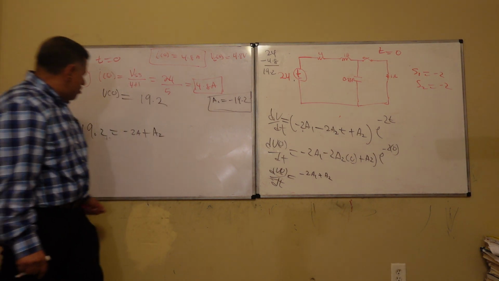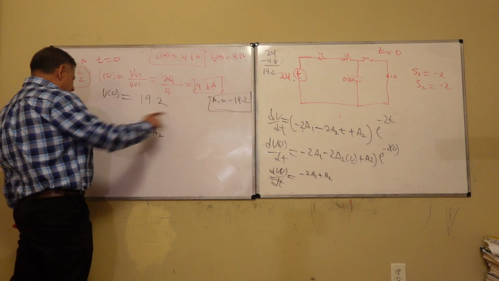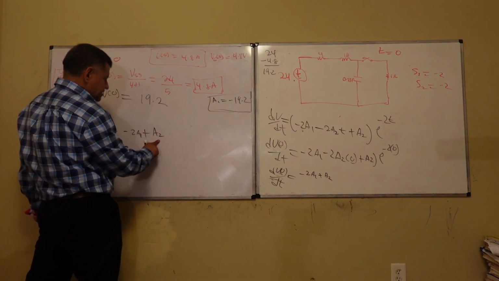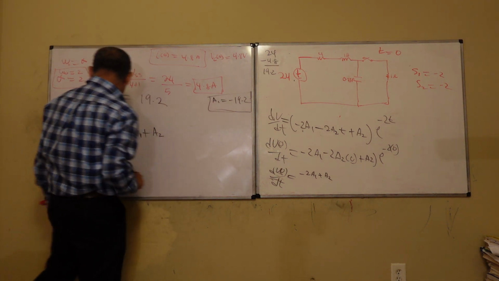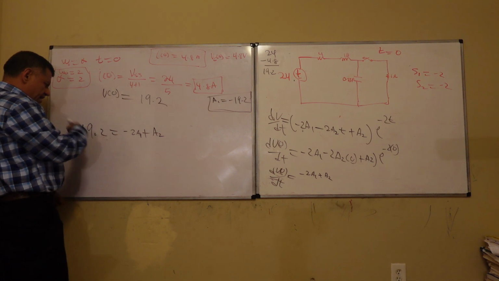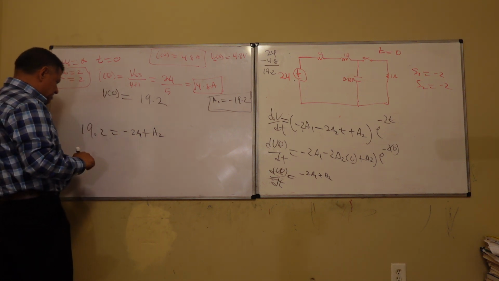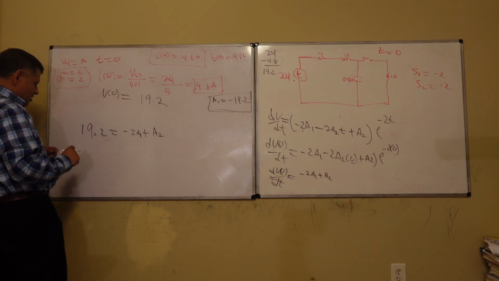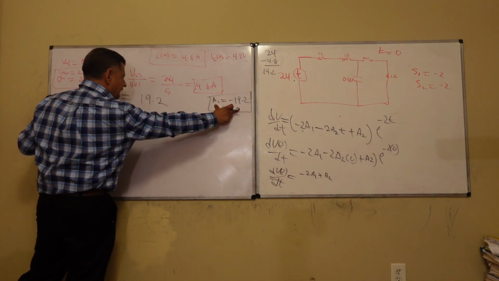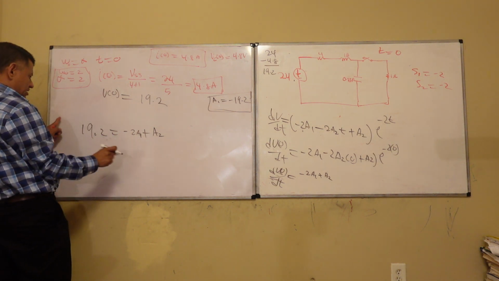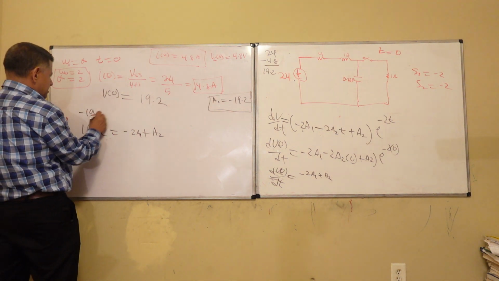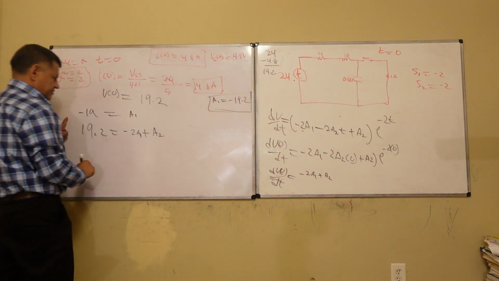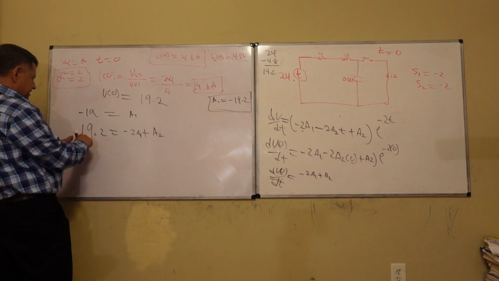Okay, so now if you think about it, we had a1, a2. Now we had another a1 right here. Going back and refreshing our system of equations from back in the math days, right? We can put this guy and this guy somewhere over here, and we put 19.2 is equal to a1, right? So now think about this.